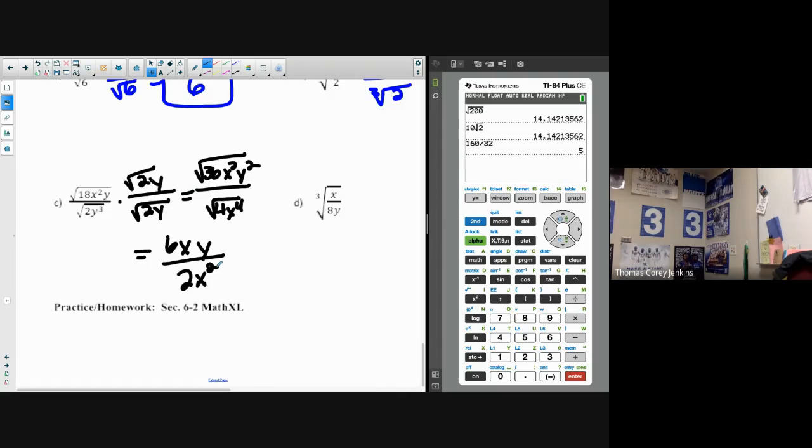Sorry, that's a y. Wondering why that wasn't working out right. Sorry about my handwriting there. So that would be 2 times y squared, 2y squared.